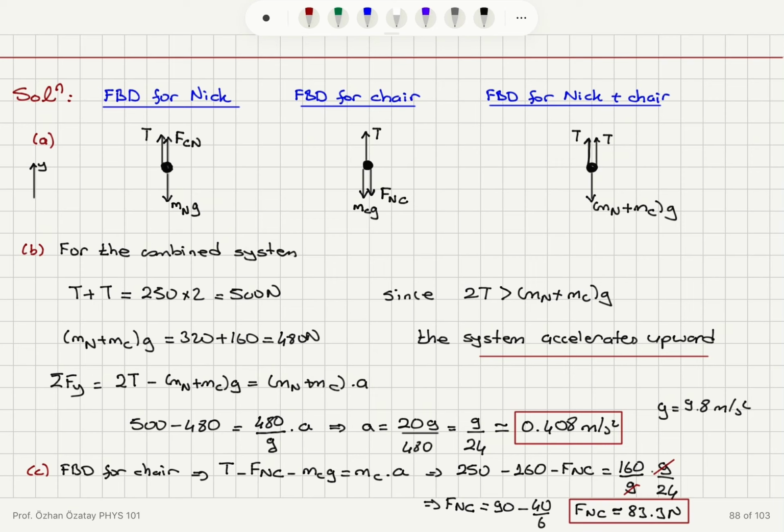And for the contact force, we can use the second free body diagram. T minus Fnc minus mcg is equal to mca, the mass of the chair times acceleration, where mass of the chair is found by, since we know its weight, 160 divided by g, a was g divided by 24, we can find this force to be 83.3 newtons.